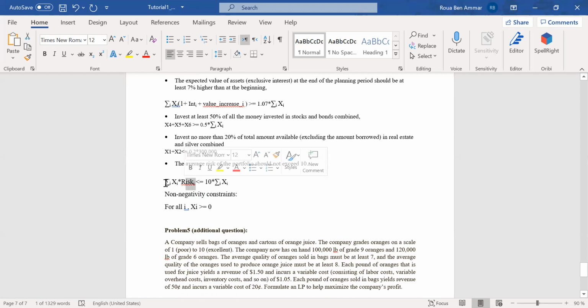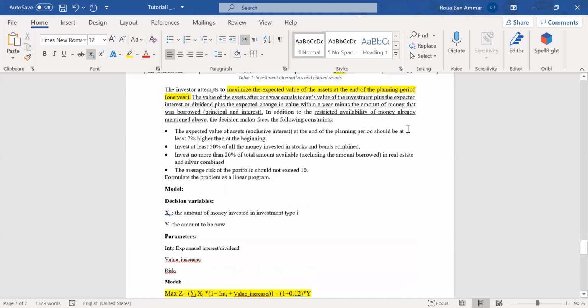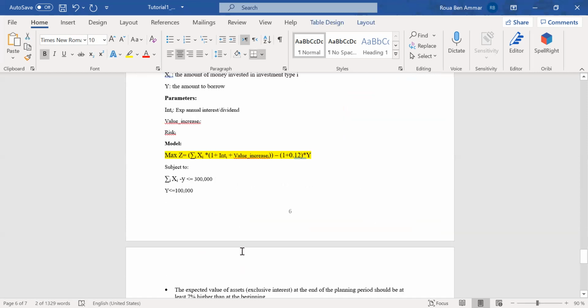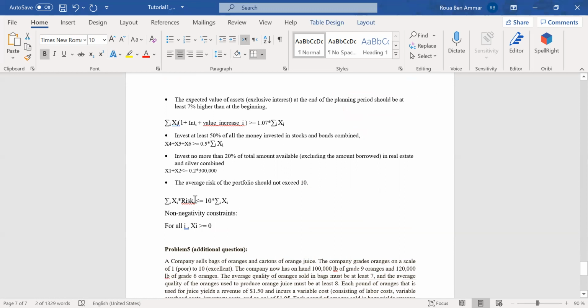The average risk here is the sum of the amount invested times the risk, because the risk gives you average risk per dollar. The average is the total amount invested multiplied by the risk of each type of investment, divided by the total amount invested.